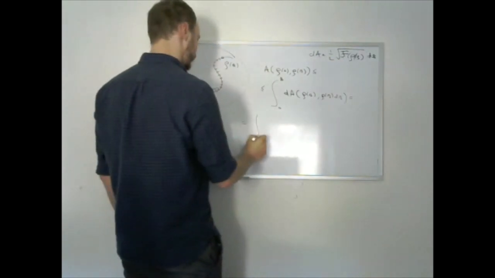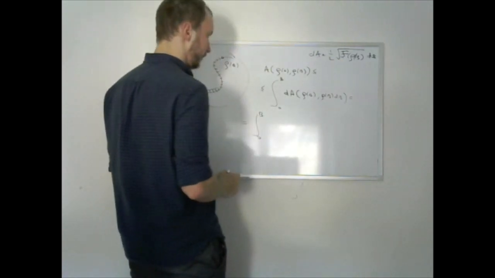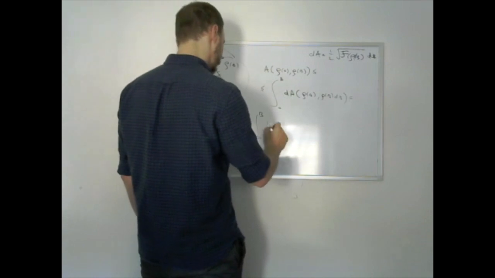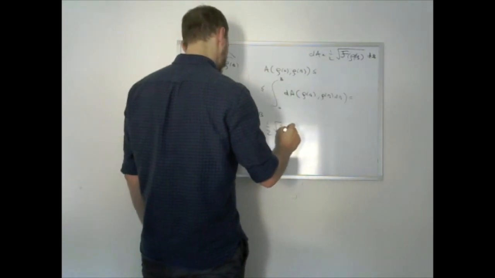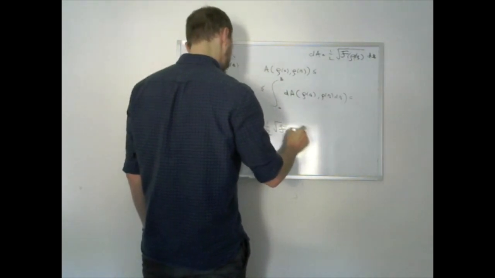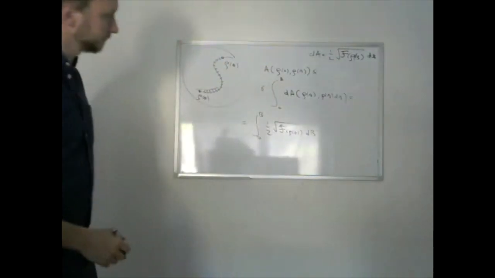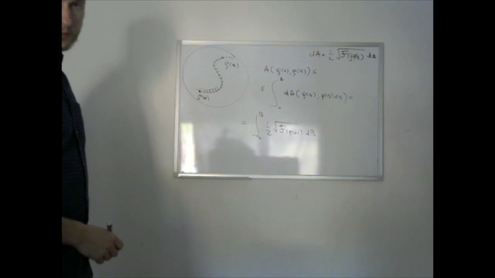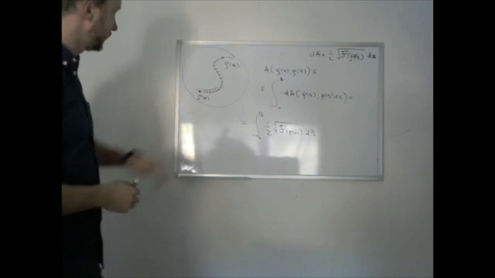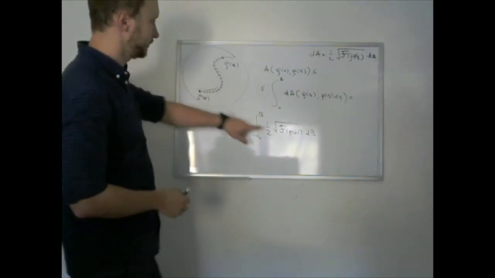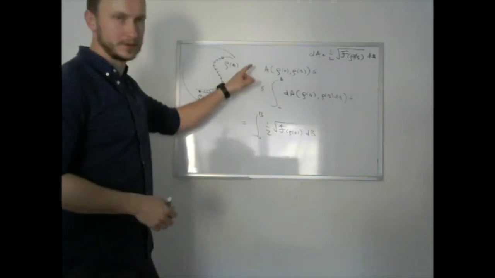This is equal to the integral from 0 to b of 1/2 square root of the Fisher information of rho of b, db. Now, in many cases, for example, when we have a pure state, or when we have unitary encoding, you see this Fisher information is really independent of the parameter b. It's always the same.